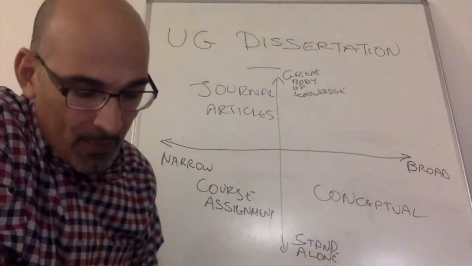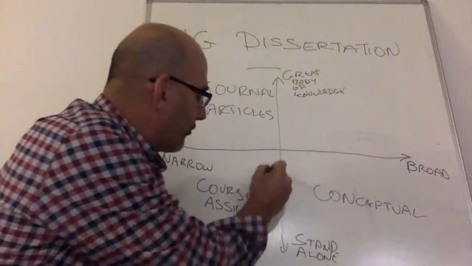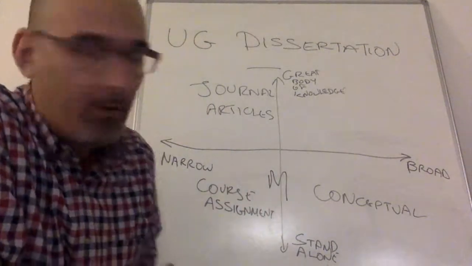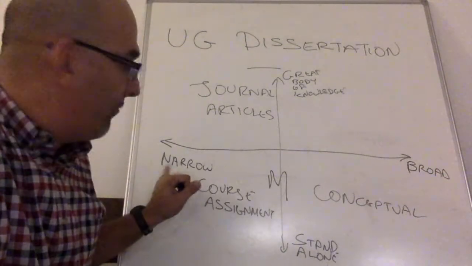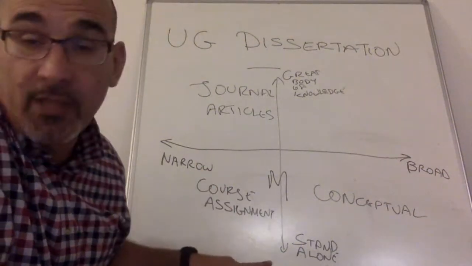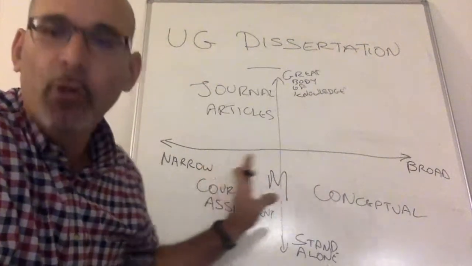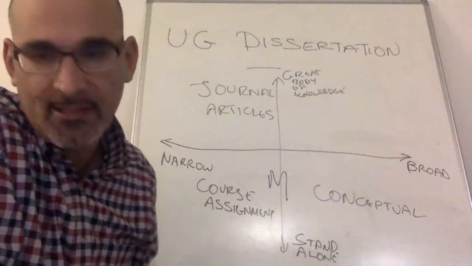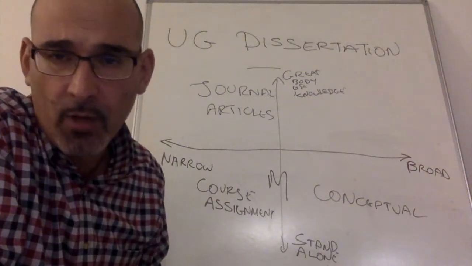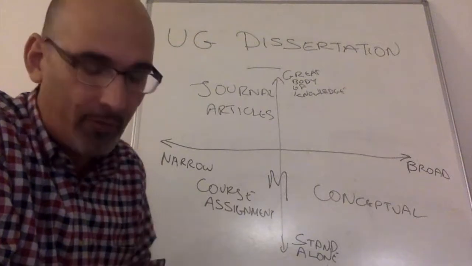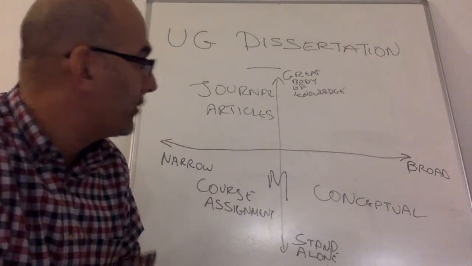Now, you also have monographs, and I like to put monographs, I'll just put M right in the middle here, because they tend to mostly be narrow, so you could easily put them there, and they do stand alone. In some cases, some monographs go a little bit towards the broad, and they certainly stand alone. And some monographs might help you. Look up the word monograph if you don't know what it is, but they can certainly help you with your dissertation.